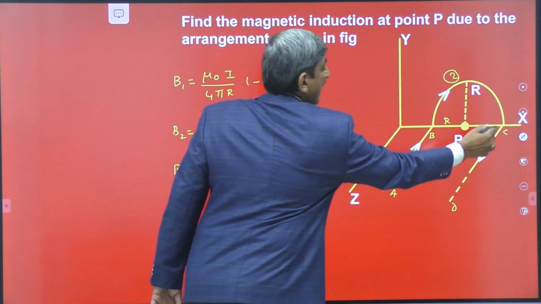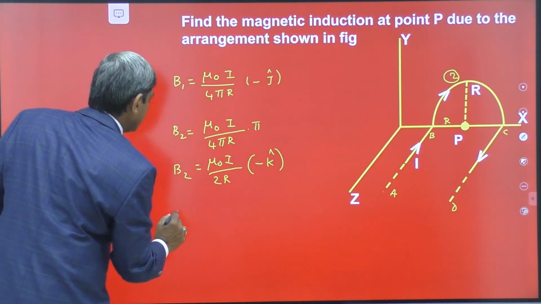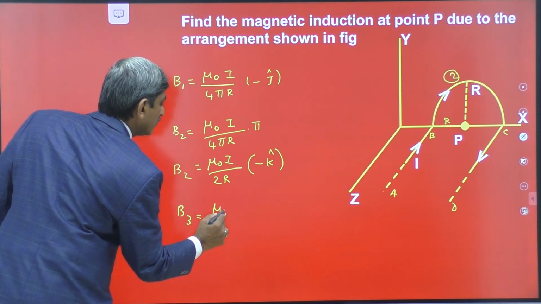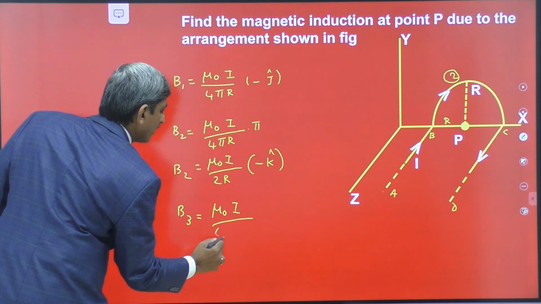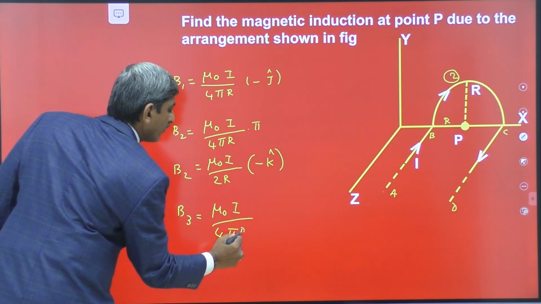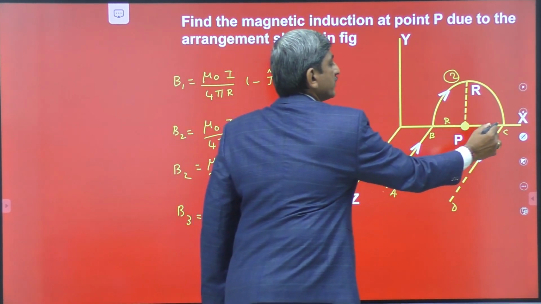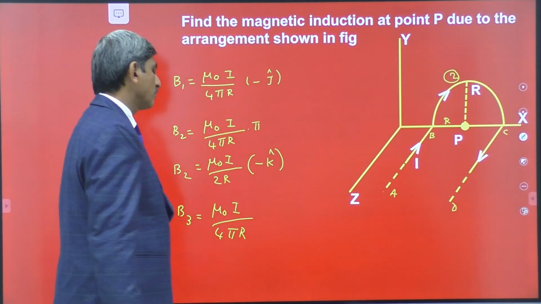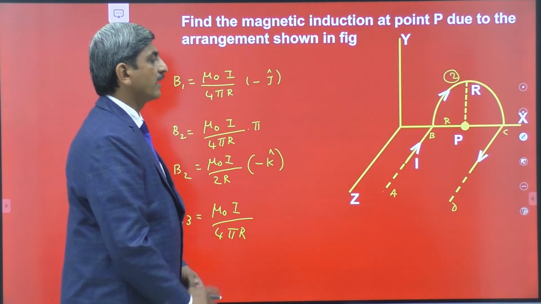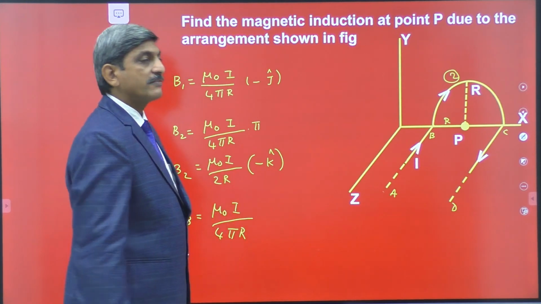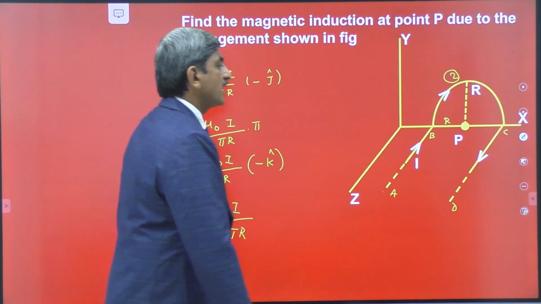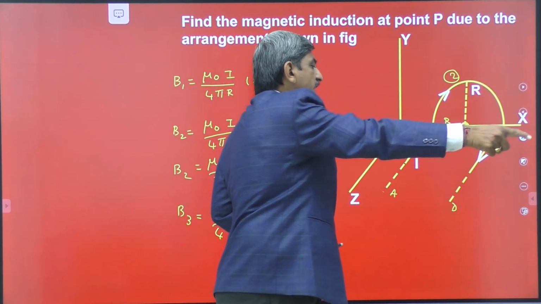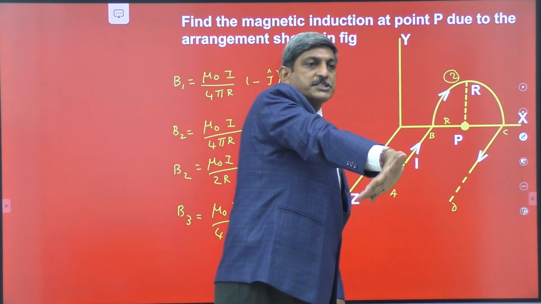Similarly, the magnetic field produced by the CD wire, B3, is also equal to mu naught I divided by 4 pi r. Why? Because the point is located at a perpendicular distance r from one end, so B3 is equal to mu naught I divided by 4 pi r. What is the direction of this B3? Here also the current is passing through the wire in the XZ plane along this direction.